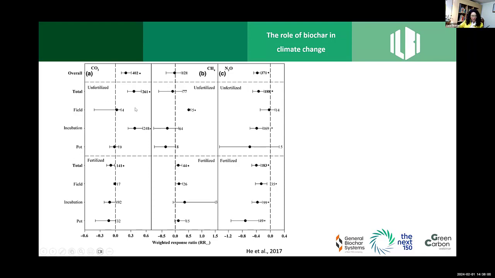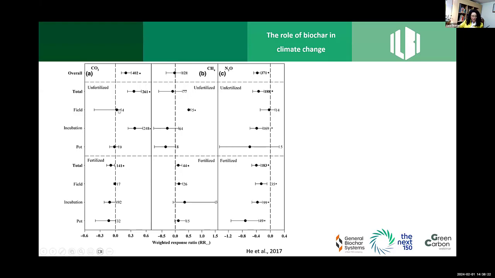But normally, of course, we want to know what's happening in field conditions. That's why I am exploring field conditions here. So in field conditions, if you have an unfertilized soil, consider that these numbers are from studies that were performed by the researchers.